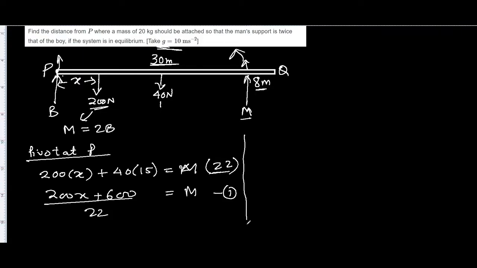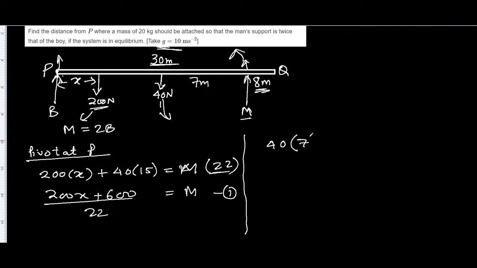Now in the second part, let's choose M as the pivot. So there will be an anti-clockwise moment from 40 newtons. So 40 multiplied by, so 8 is this, total is 15 up to 40, so it will be 7 meters, right?